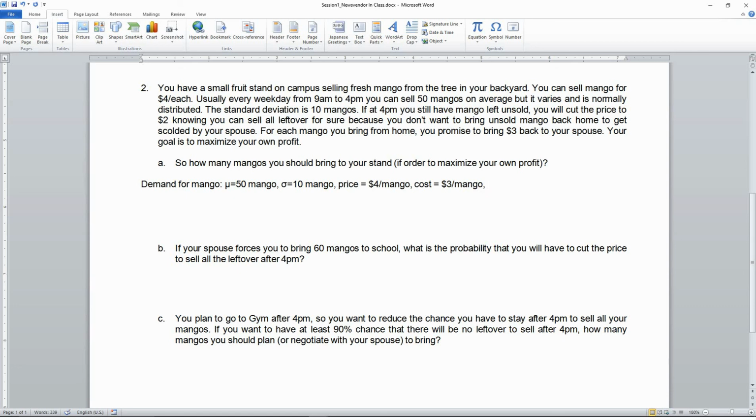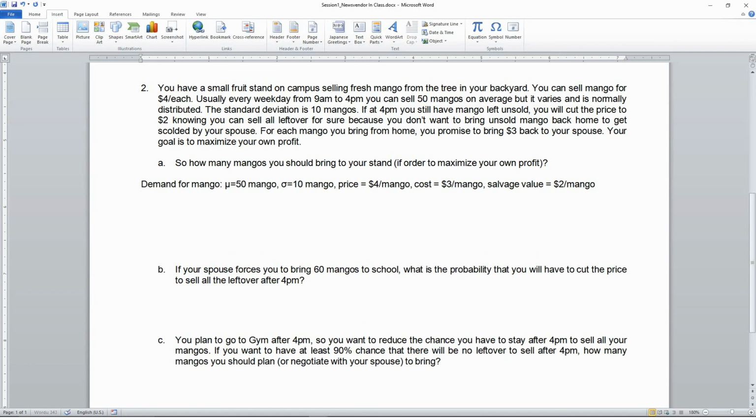And for every mango that we don't sell, we cut it 50%. So we get $2 instead of $4. We'll call this salvage: $2 a mango.